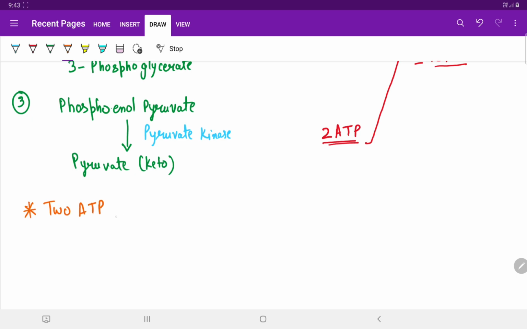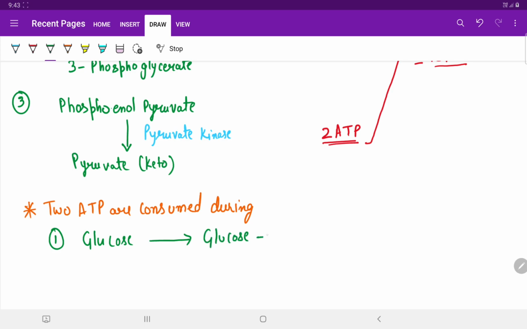The first one is conversion of glucose into glucose 6-phosphate. This is controlled by hexokinase enzyme. So this involves the investment of 1 ATP molecule.